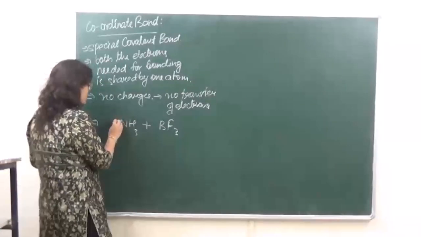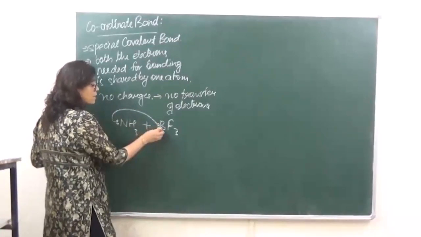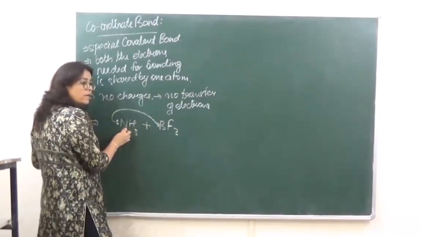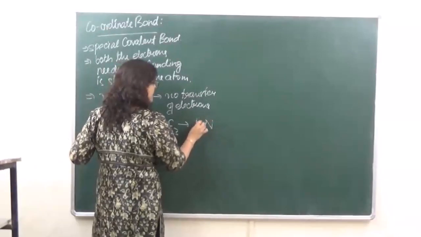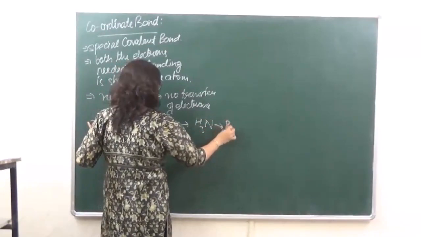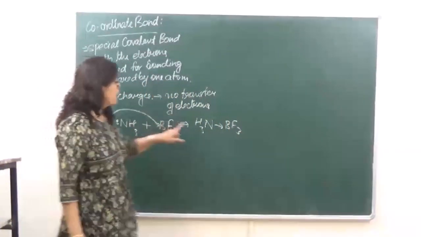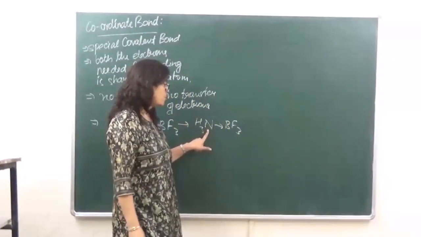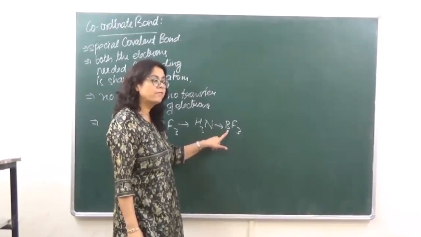As a result, a bond is formed if these 2 electrons are shared for bonding only by ammonia. The coordinate bond is represented with an arrow. Arrow means that this electron pair is being shared by ammonia towards BF3.